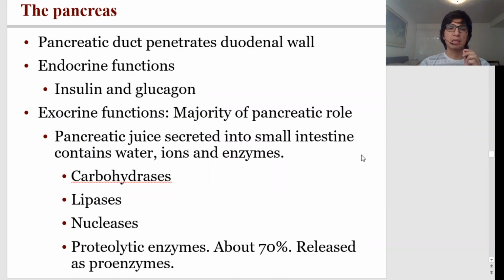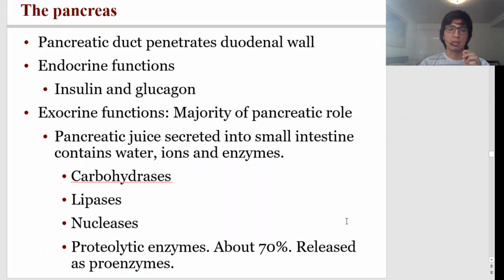Let's look at the function of the pancreas. The pancreatic duct enters the duodenal wall. It has an endocrine function, which involves the secretion of insulin and glucagon, and it has an exocrine function. The release of pancreatic juices will contain water, ions, and enzymes.